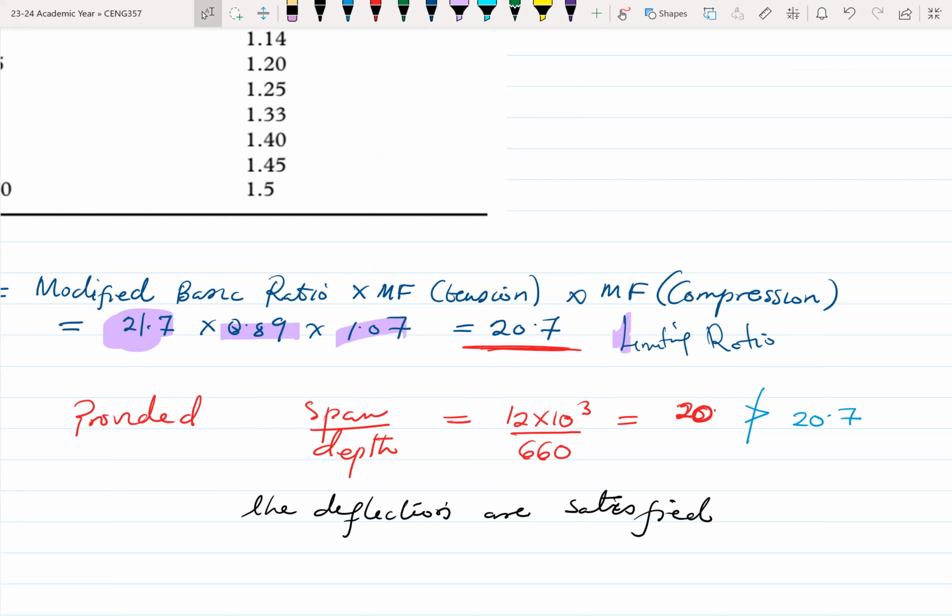And this has an implication on your deflection going forward. Once your beam or your slab passes the span to depth ratio check, it most likely should also pass the deflection check. Not always, but mostly it should pass the deflection check.